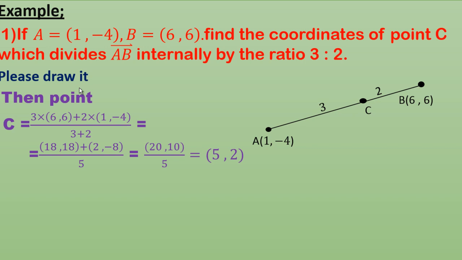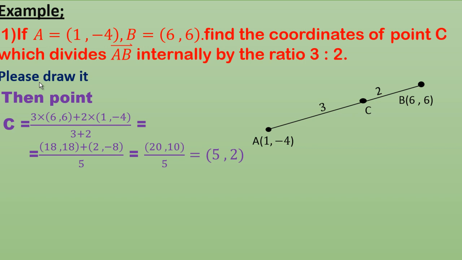C equals 3 times B, that is M1 times (6, 6), plus 2, this is M2, times A (1, negative 4), over the sum of the two ratios, 3 plus 2. 3 times 6 equals 18, distribution, plus 2 times 1, and 2 times negative 4 equals negative 8, over 5.